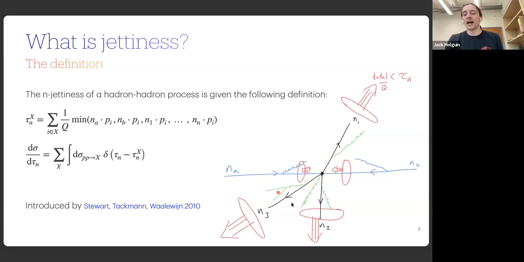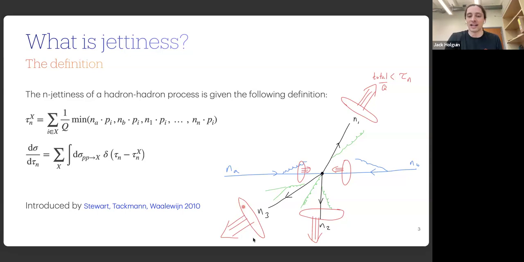And the jettiness is requiring that the sum of the longitudinal momenta pointing down each of these axes is less than a particular value. So, sorry, by longitudinal, I mean the light cone momentum down this axis. So it's saying that everything is very collimated, which is what I've drawn with these discs.